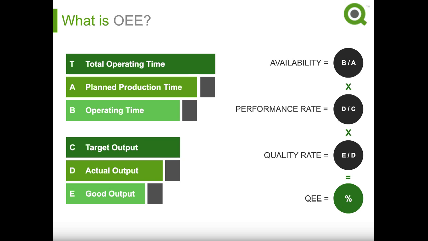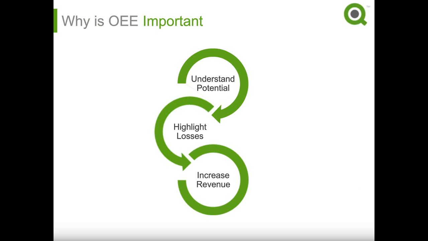Great, thanks Ryan. So, why is OEE important? And as it really says on this slide here, it's understanding that potential. It's, as we mentioned before, creating a baseline from which you can measure improvement, highlighting areas of loss, whether that's throughput, production downtime, lack of utilization based on various reasons, and ultimately it's about increasing revenue.